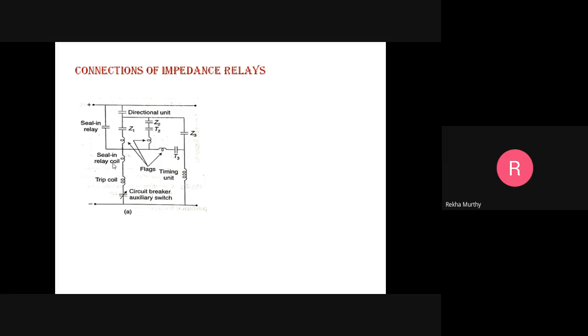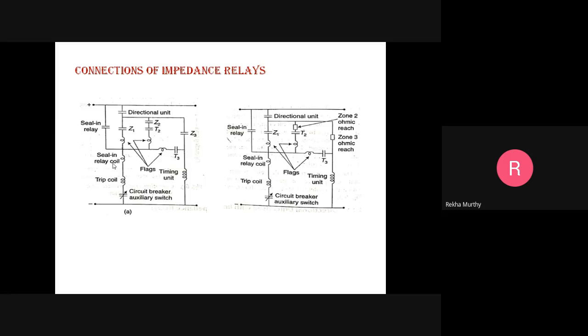If only one measuring unit is used, then the circuit connection can be modified like this. That is the modified version of the diagram.